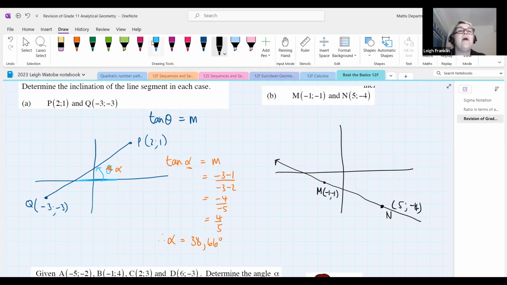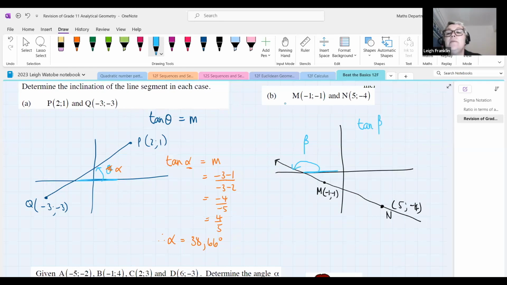So here, our angle of inclination, again, it is measured from the horizontal in an anti-clockwise direction. So here, this angle is not acute, it is obtuse. It's an obtuse angle. So let's call it beta for the sake of another name.